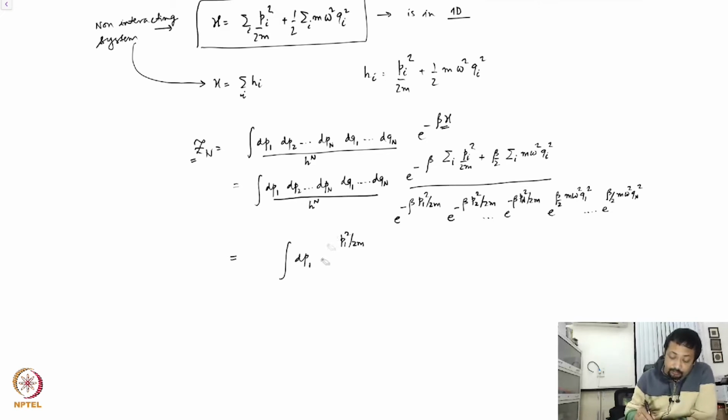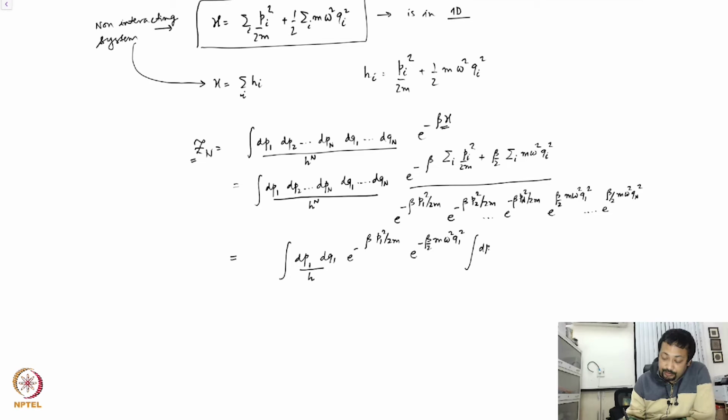So let's now group the terms together. I have dp1 dq1 over h e to the power minus beta p1 squared over 2m e to the power minus beta by 2 m omega squared q1 squared.